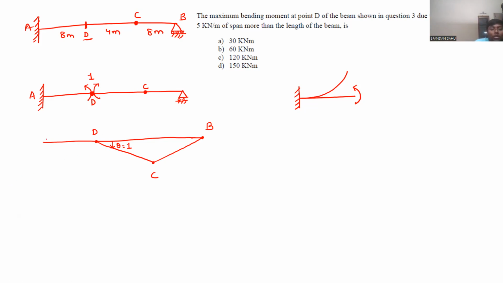Why is the ordinate of this ILD for the AD section 0? Everyone got it, right? Because it is a statically determinate beam. According to the Muller-Breslau principle, if a beam or structure is statically determinate, then no part of the ILD will be non-linear, curvilinear, or of higher order.